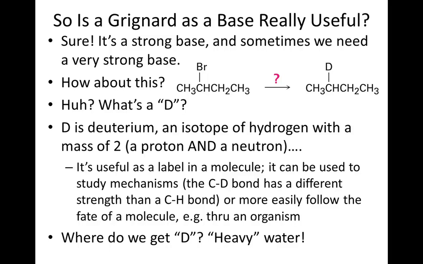If you're feeding plants or animals some labeled molecules and you want to know where in the tissues these molecules end up, having a label in there is a way to find it again. And so now we have a way to do this. We can react our alkyl halide with magnesium and then follow that with D2O, and that will replace this bromine with the deuterium specifically. That's a fairly easy and not very expensive way to make a labeled molecule.